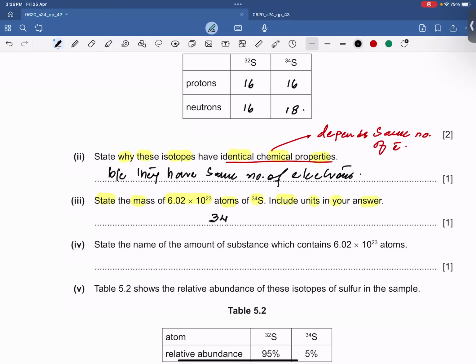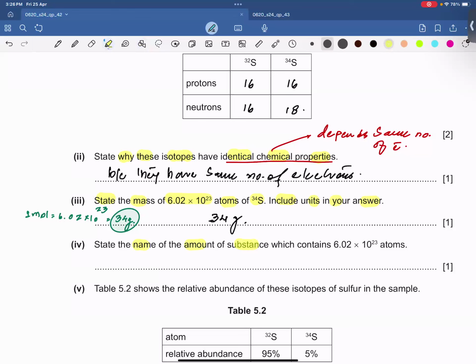Okay. And obviously, I'm going to give the unit also, gram. Remember one thing, 1 mole is always equal to 6.02 times 10 to the power 23, which is equal to 34 gram, which is why you answer this way.